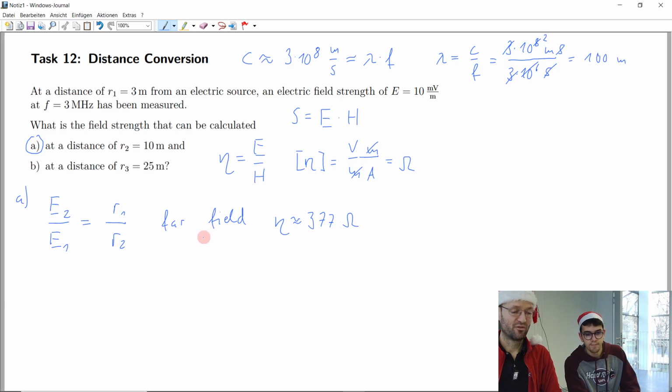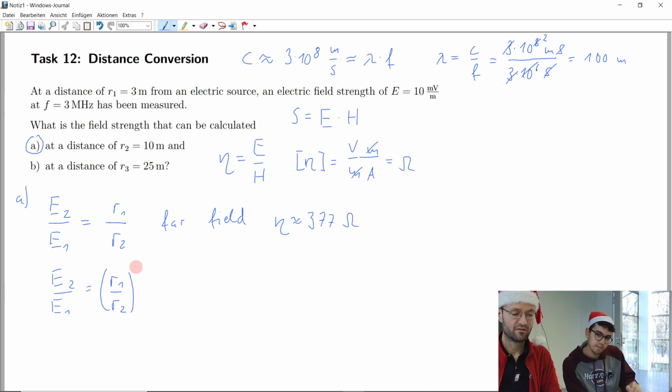There is a different formula that is valid for the near field, and for the near field we have something similar. I will write down the very same formula. So E2 divided by E1 is R1 divided by R2. And then there is a certain factor, and the idea is that it's an exponent.